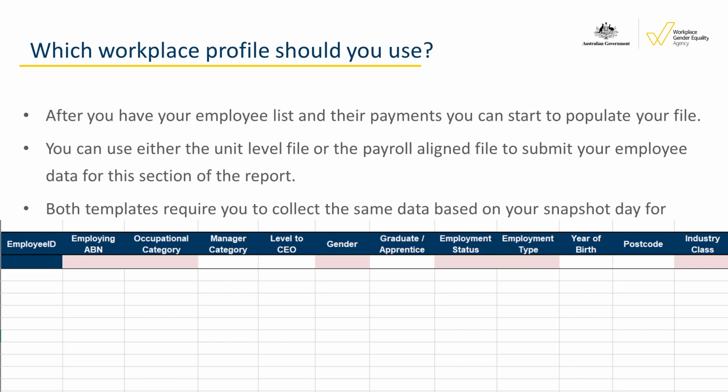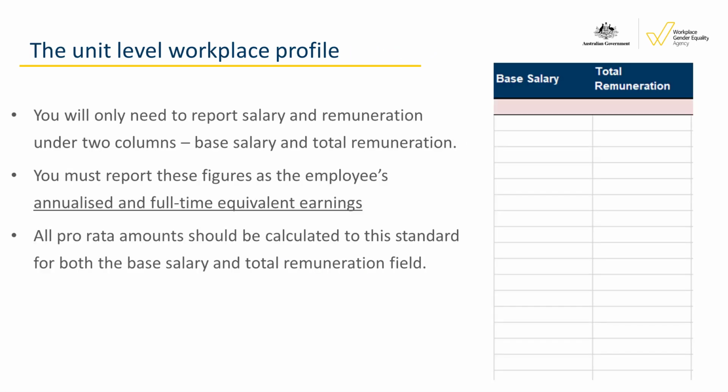In the unit level profile, you will only need to report salary and remuneration under 2 columns, base salary and total remuneration. The figures you report for base salary and total remuneration must be provided as the employee's annualized and full-time equivalent earnings.